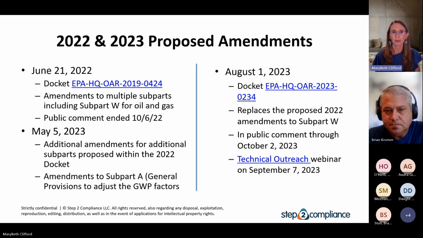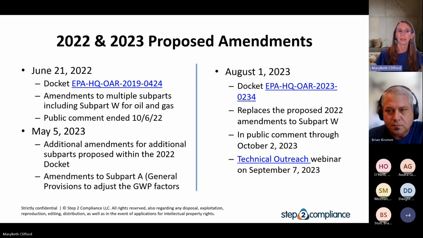And then, as per the Inflation Reduction Act, which called for creating more empirical measurement for the purposes of accurately assessing the actual methane emissions from the oil and gas sector, the EPA had to put out yet again some more amendments to Subpart W. When they put out those proposed amendments on August 1st, just a month ago now, they stated that these new amendments will replace the proposed amendments in the 2022 rule.